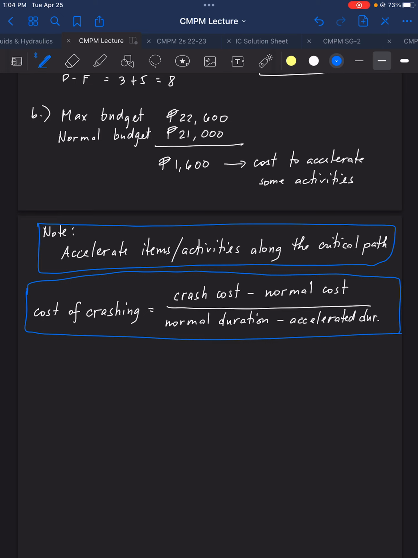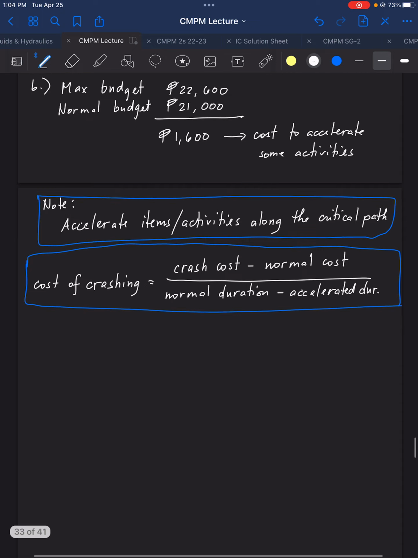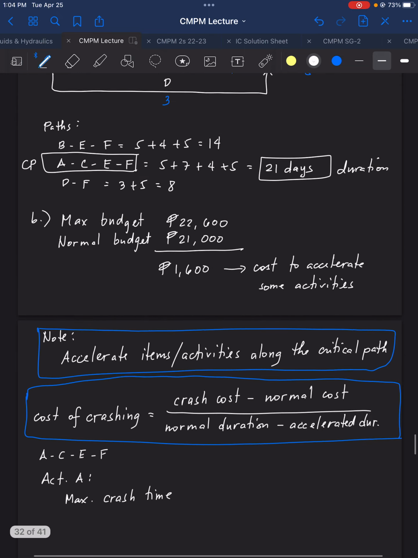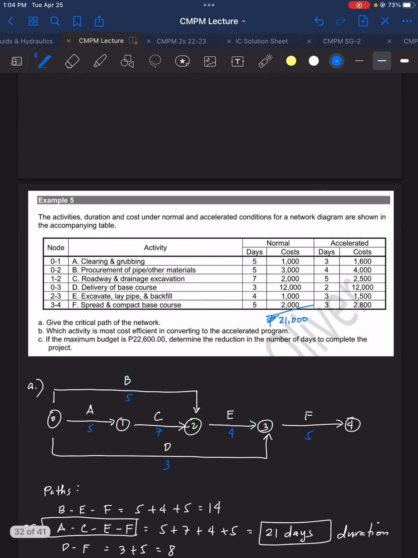Okay, so we have critical path A, C, E, F, right? We will have here activity A. What is our maximum crash time? Consider this. Maximum crash time for activity A is 5, the normal, minus the 3 days accelerated.